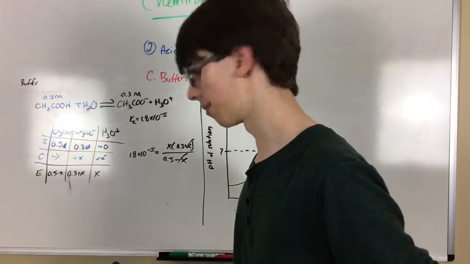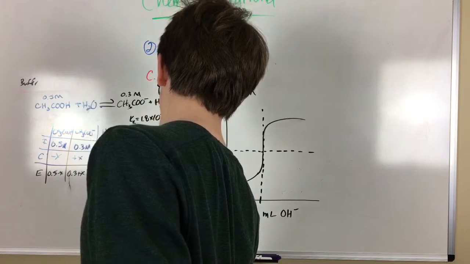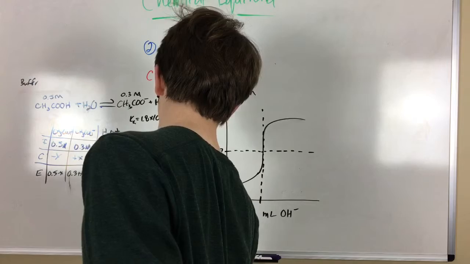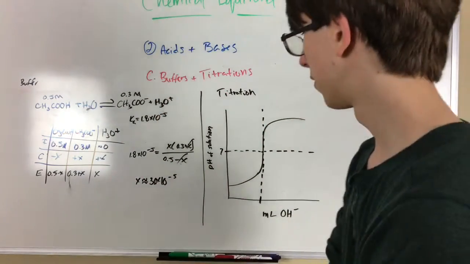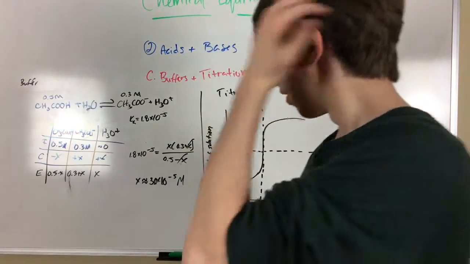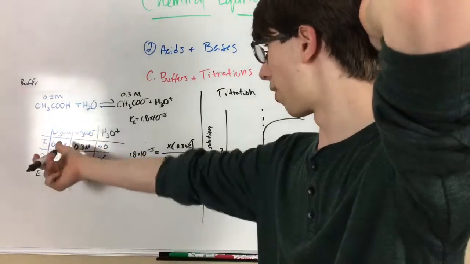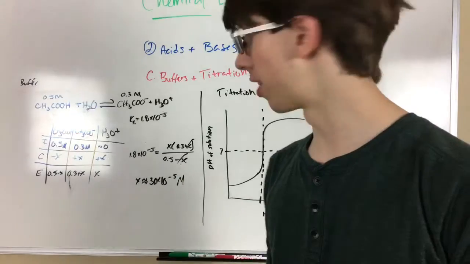X is equal to 1.8 times 10 to the negative 5 divided by 0.6, so x is around 3.0 times 10 to the negative 5 molar. And obviously this will follow the 5% rule because we have 0.5 molar originally, so it's not going to matter too much.